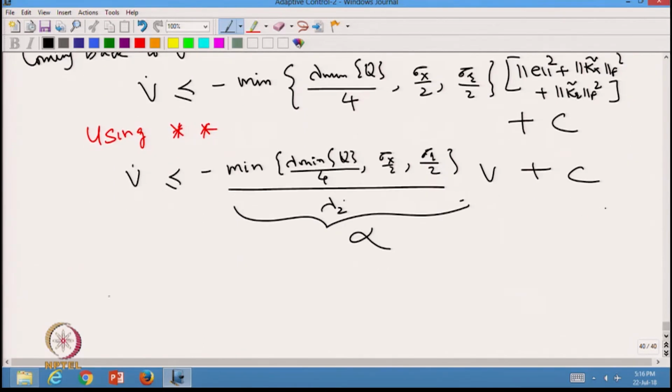Then we can write V dot as minus alpha V plus C. Okay.